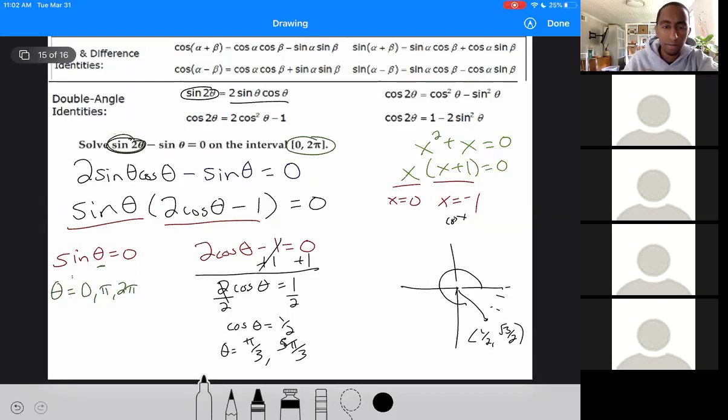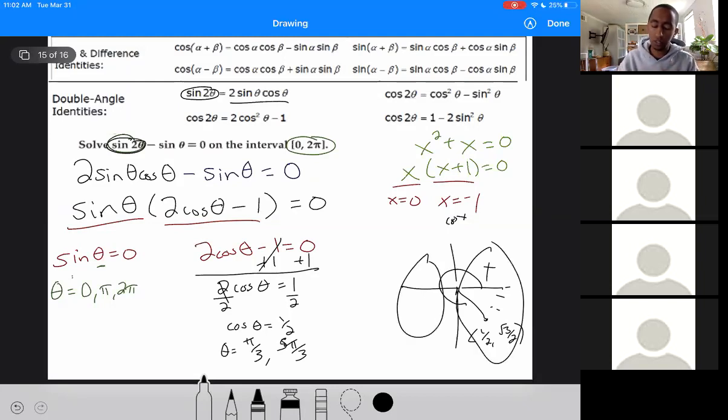Did we miss any? Yeah, I think that's everything, right? Because it's only going to be on the right side, because here is where cosine x is positive. Over here, x is negative. And we're talking about cosine. Very good.